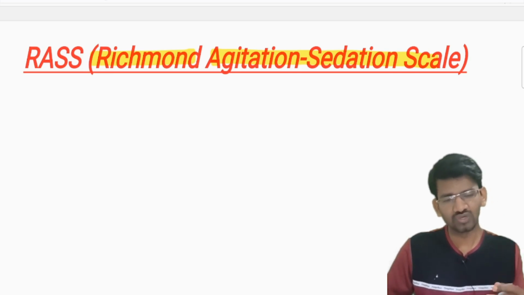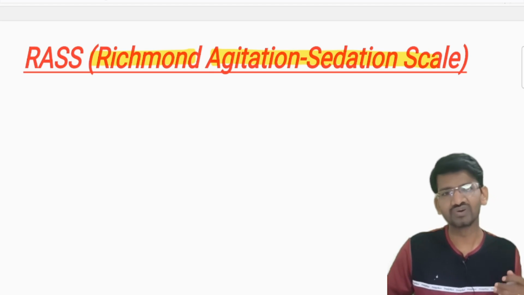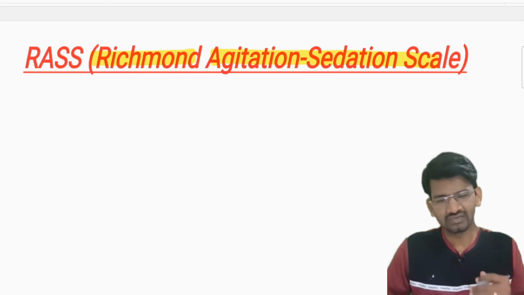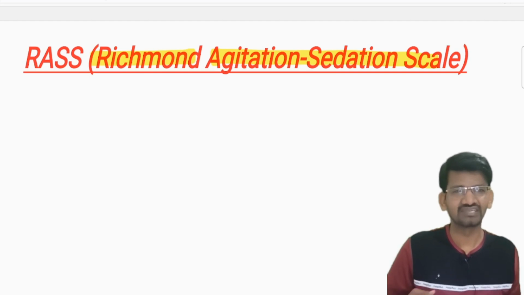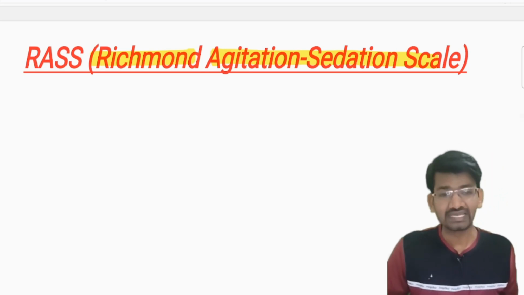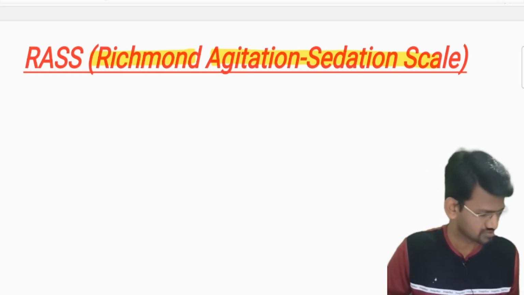By giving some score, we identify whether the patient is awake, alert, or unresponsive or under very deep sedation, or else we identify the patient's agitation level, whether the patient is agitated or restless. So all these things we are going to assess in this scale, that is the RASS, the Richmond Agitation Sedation Scale.